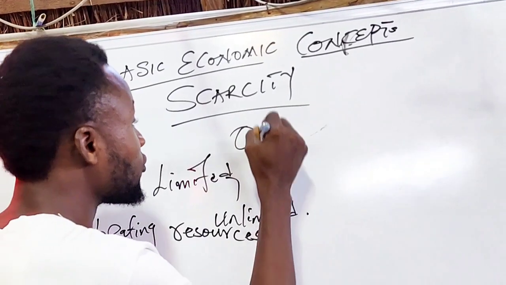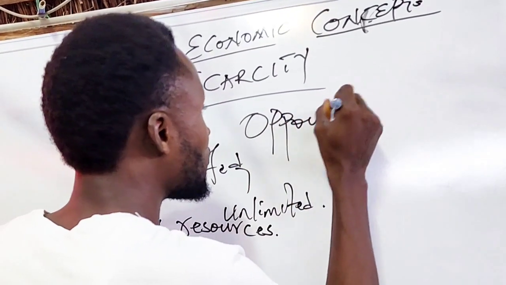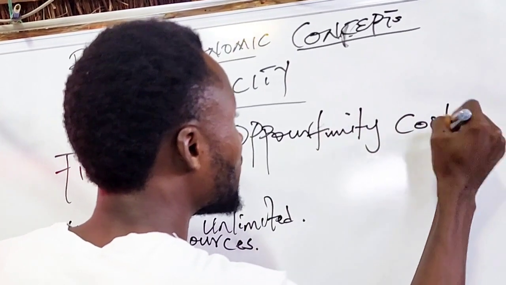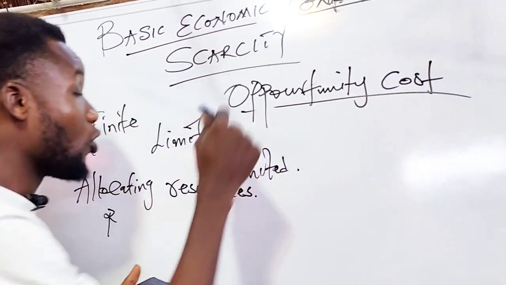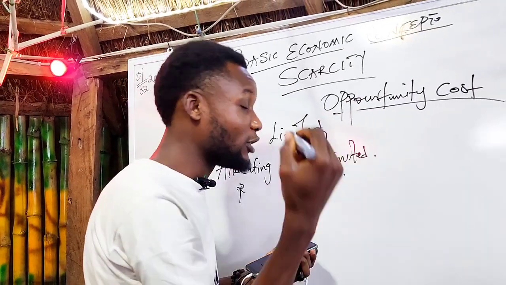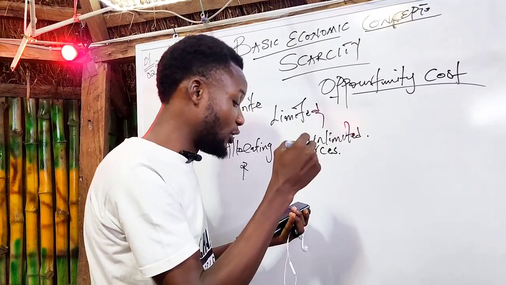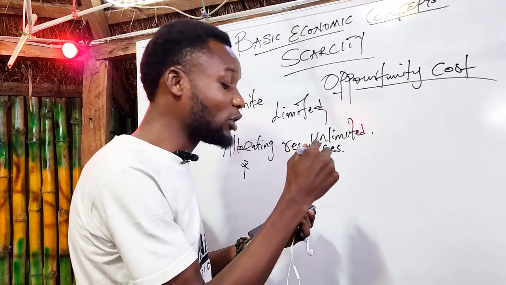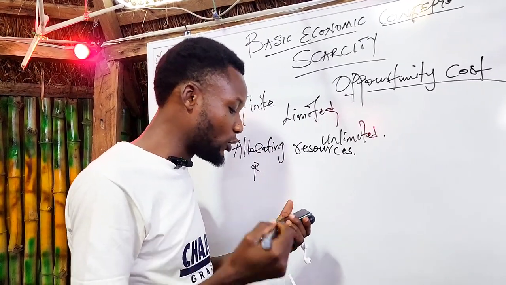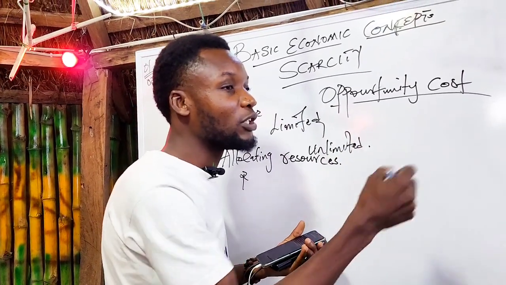Also, quickly, we want to run to the next point, which is opportunity cost. That's the next basic concept of economics. Opportunity cost simply means alternative forgone. It is something that every one of us understands. Opportunity cost refers to the potential value lost when one choice is made over another. The ability to lose one thing when you make a choice above the other.